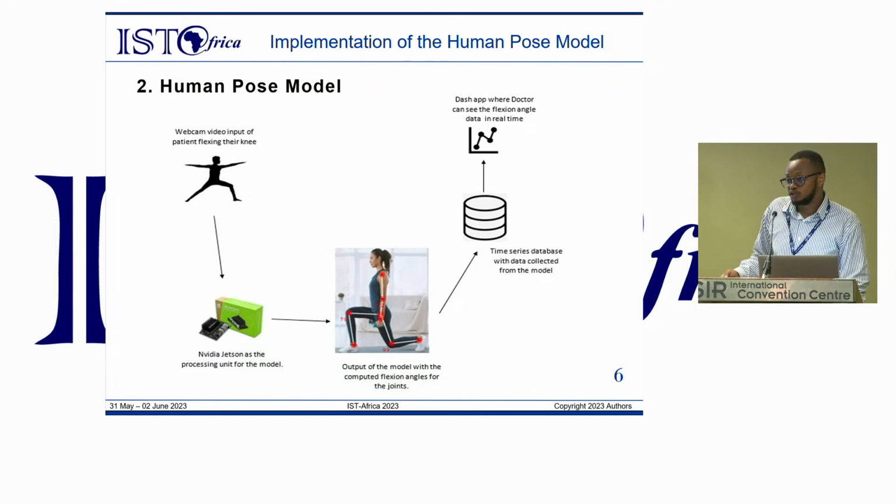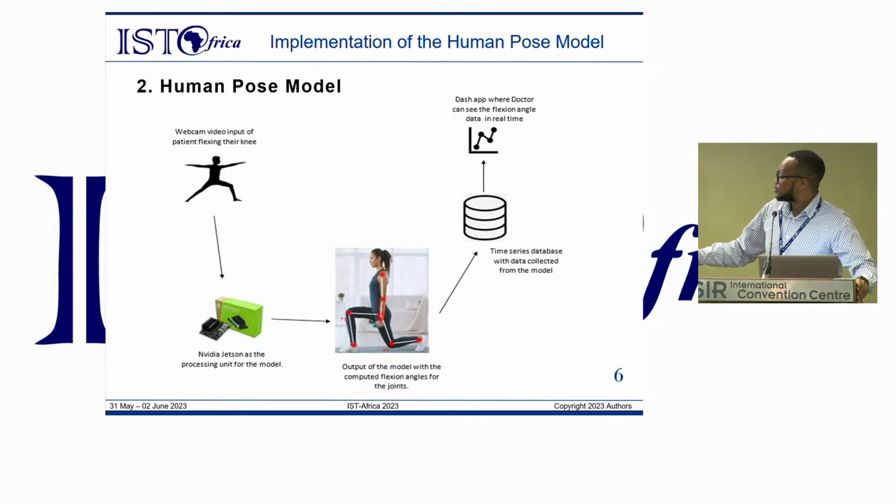Since one of our objectives is to implement the human pose model in a low resource setting, this is an onboard microcomputer, same as your laptop, but on a small scale, powerful enough to run the model itself and also support signals that you're getting from the wearable device.